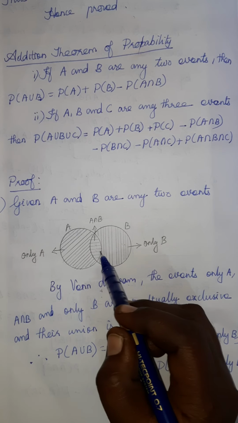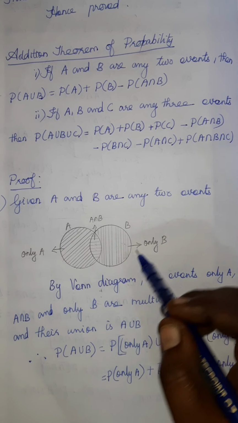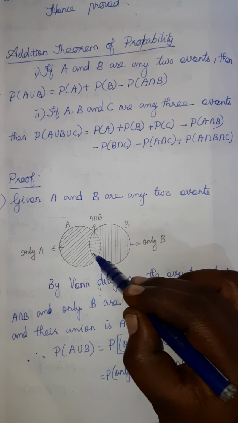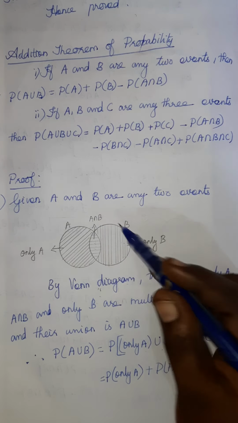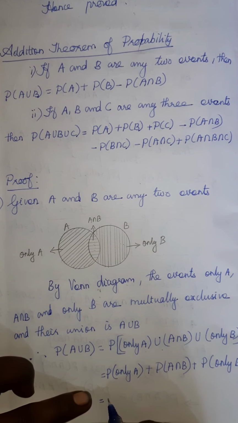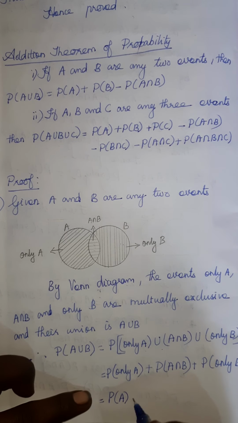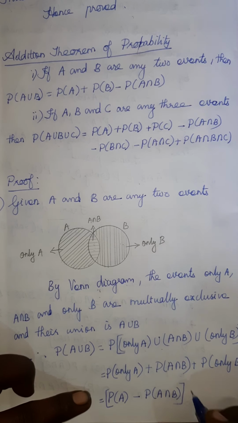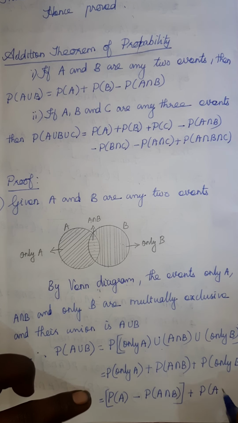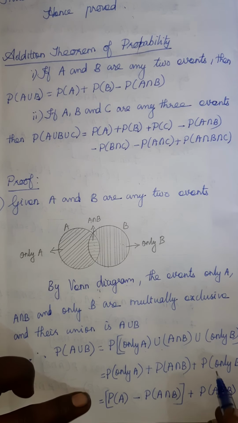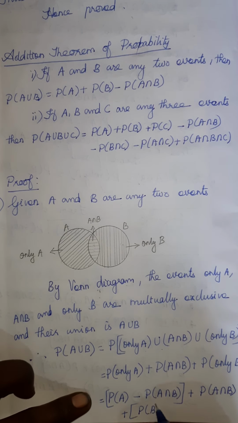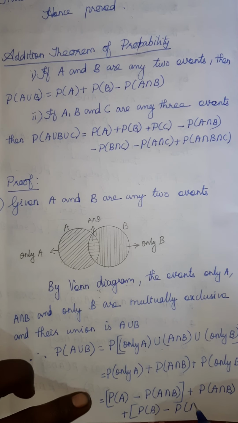This total A minus this is only A. Likewise, only B means the full B minus A intersection B. So we can write only A means probability of A minus probability of A intersection B, plus probability of A intersection B, then plus again only B means probability of B minus probability of A intersection B.